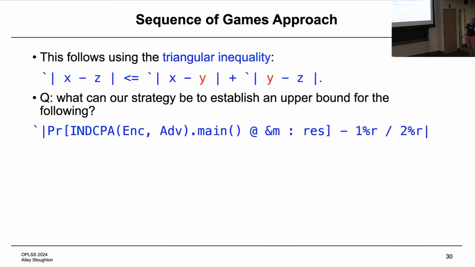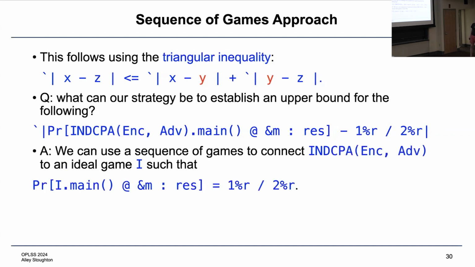So what's our real game? Well, okay. What does this have to do with this form, though? You might be wondering. Well, this thing here is our real game. But what's the ideal game? Well, the ideal game should be something that the adversary wins exactly half the time for this to work out.